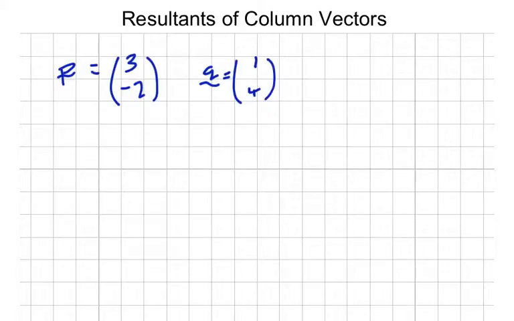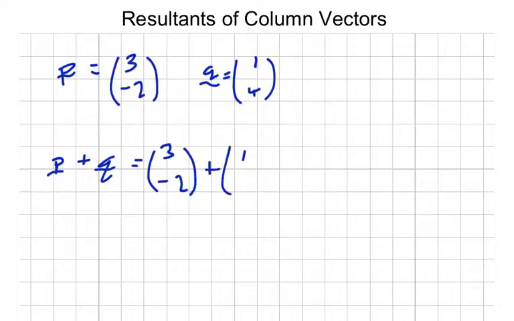We can work out from here P plus Q. So P plus Q in component vector form would just be (3, -2) plus (1, 4). 3 plus 1 gives us 4 on the top, minus 2 plus 4 gives us 2 on the bottom.